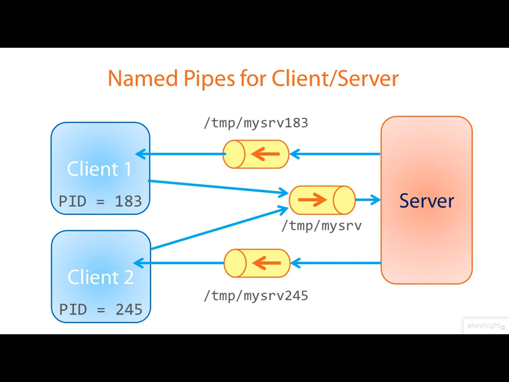Now, most of the inter-process communication mechanisms that you'll meet involve some sort of name or address that identifies the communications endpoint on which the other process is listening and to which we must connect if we are to communicate. We've just seen that named pipes have a name in the file system. In the world of network programming, endpoints are identified by a port number along with the IP address of the server.